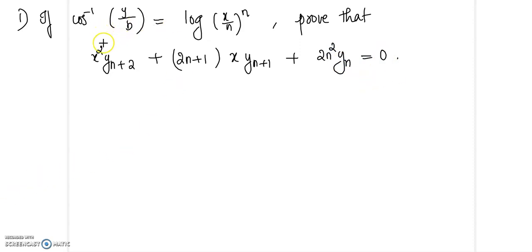So if we have cos inverse of y by b equal to (log x by n) whole power n, then we need to show that it satisfies this equation.